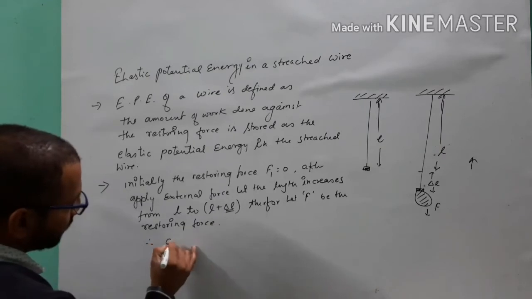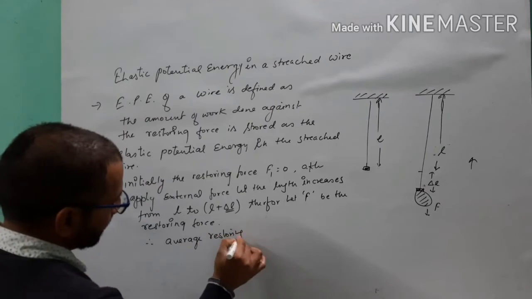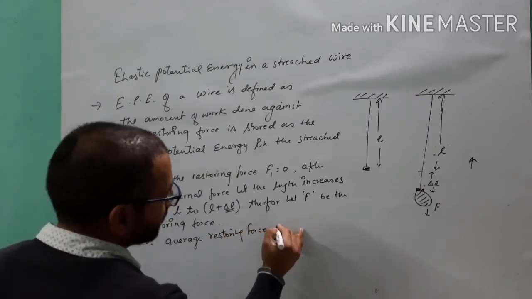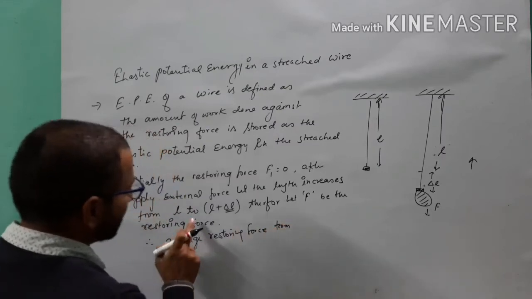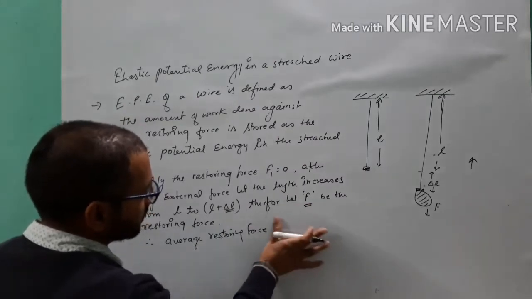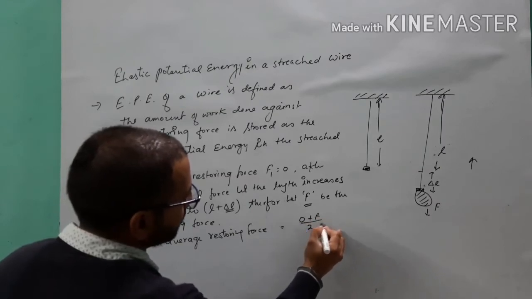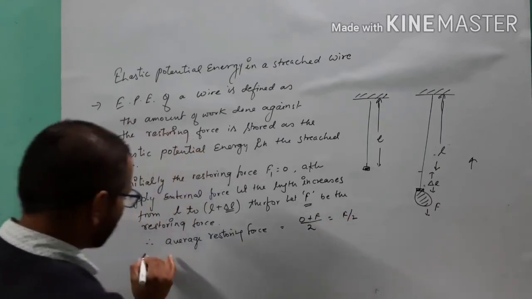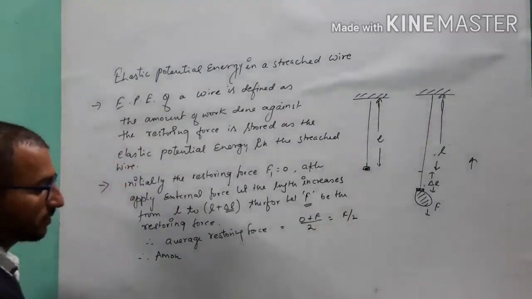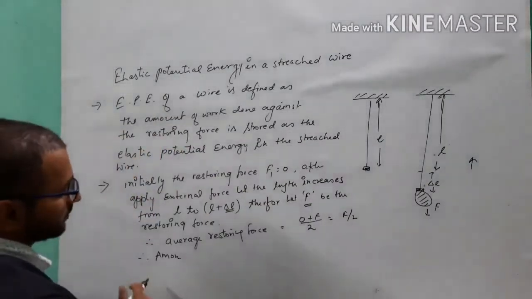Point clear? Therefore the average restoring force, the force going from 0 to F, we can write as (0 plus F) over 2, that is F by 2. The same amount of work we can say is done by our average external force.